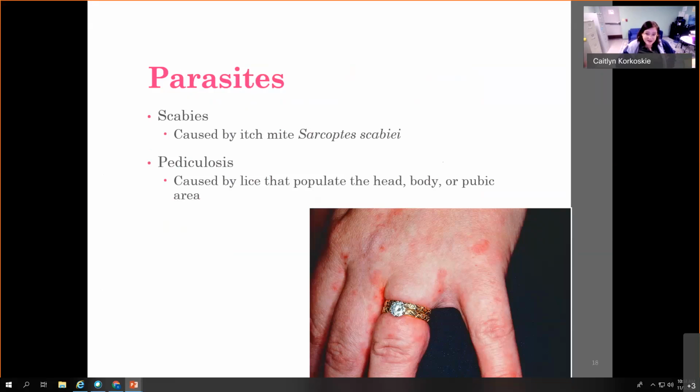If we do figure out that scabies is causing it, because it may not be scabies, it could be some other dermatological thing like contact dermatitis. But anytime a patient comes in with some type of rash on their hands, I would put gloves on just in case, because it transfers through direct contact.